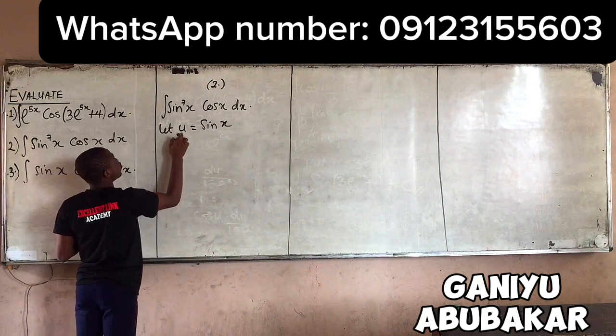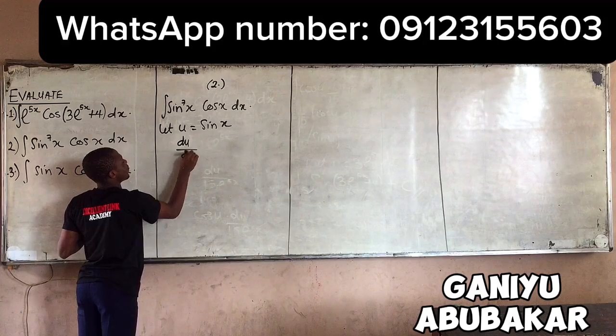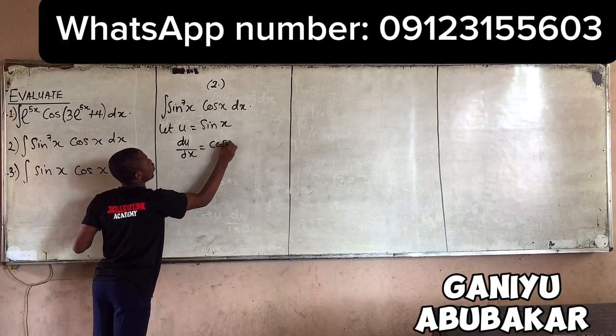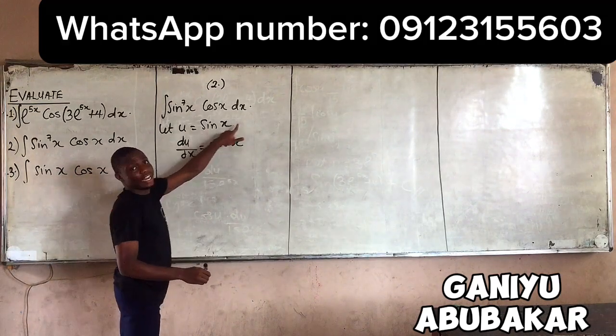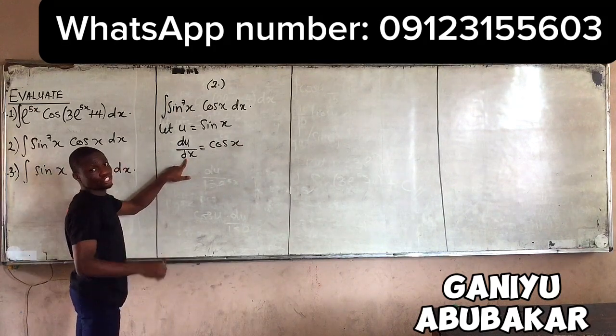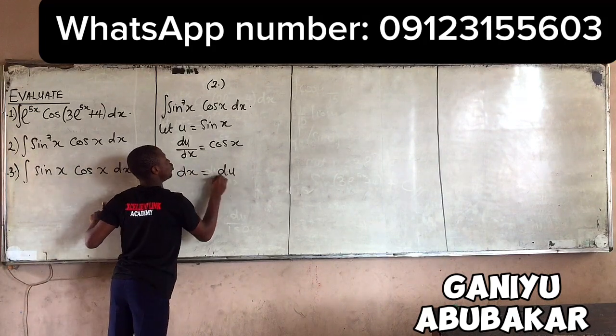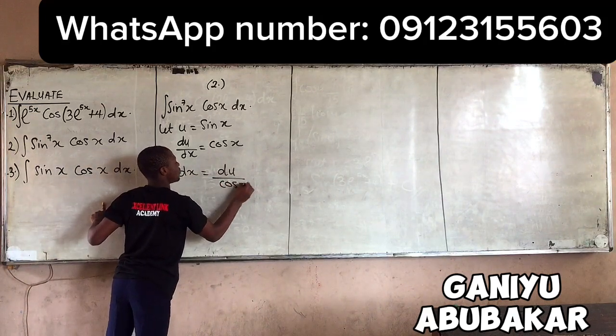If I differentiate u with respect to x, I'll have du/dx equal to cos x. If it is sin x, I'll have cos x. Making dx the subject of the formula, I'll have dx equal to du over cos x.